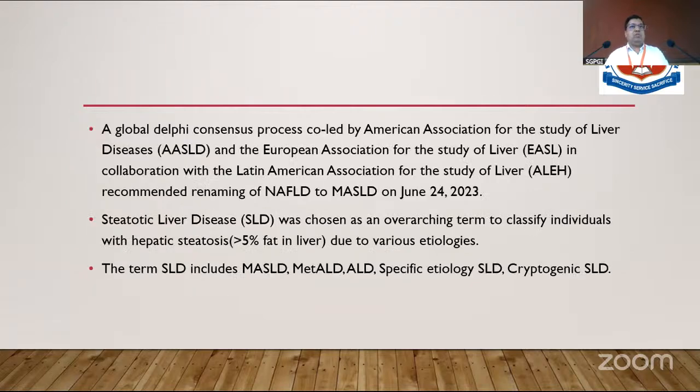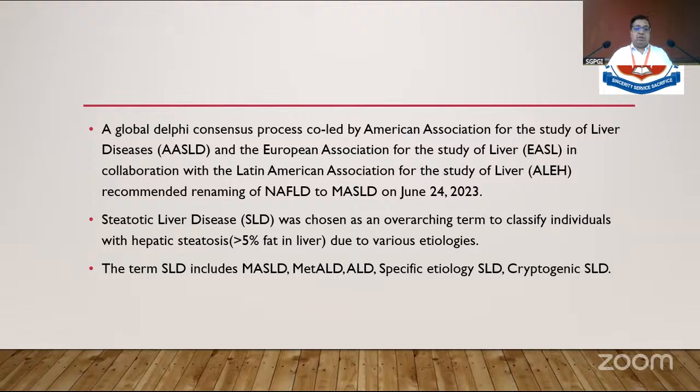This new term of MASLD was given on 24 June 2023 by a global Delphi consensus co-led by AASLD, EASL, and ALEH, which changed the name of NAFLD to MASLD.